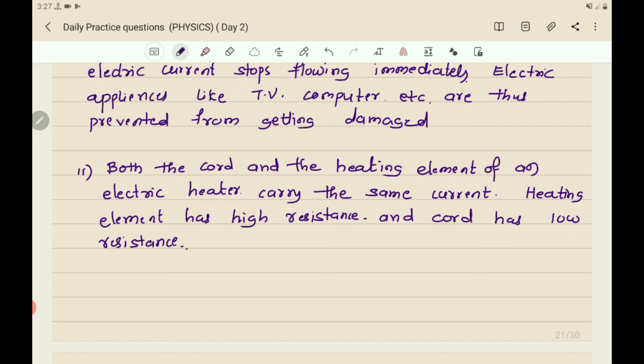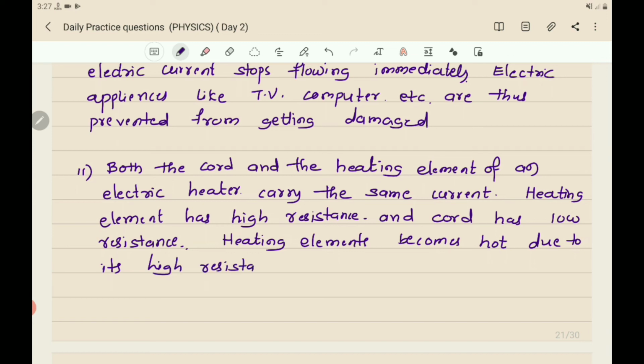The heating element becomes hot due to its high resistance, because you know that H is equal to I square R T. As the resistance increases, heat produced also increases.